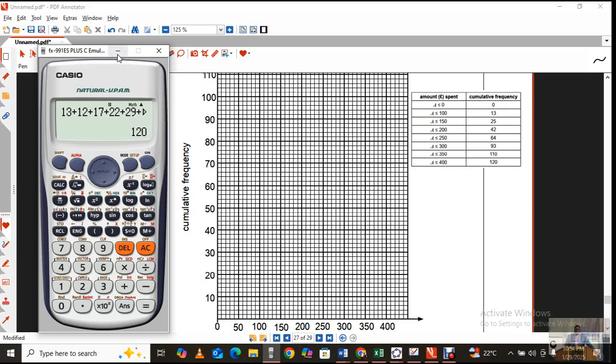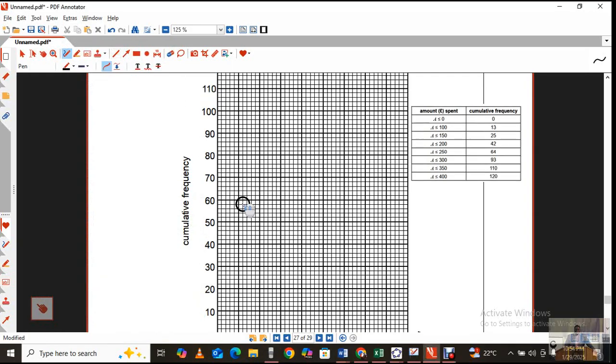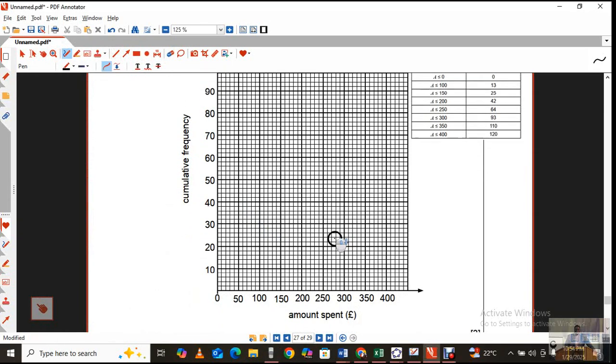Now, you have to be able to determine what each little block represents on each of the axes. If you look at the y-axis, from 0 to 10, you have got 5 blocks. So that means 10 divided by 5 equals 2. So each little block represents 2 units on the y-axis.